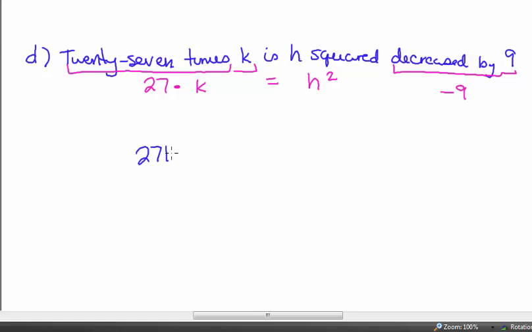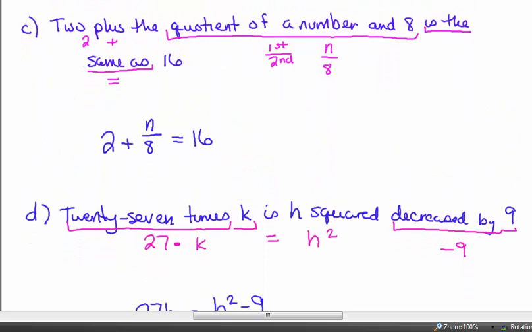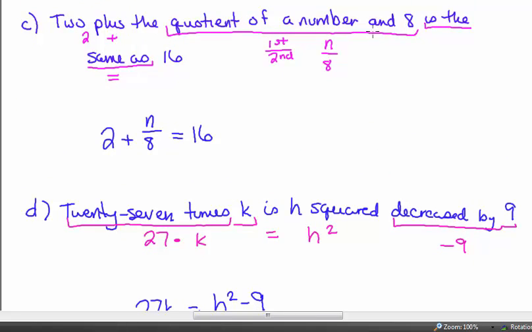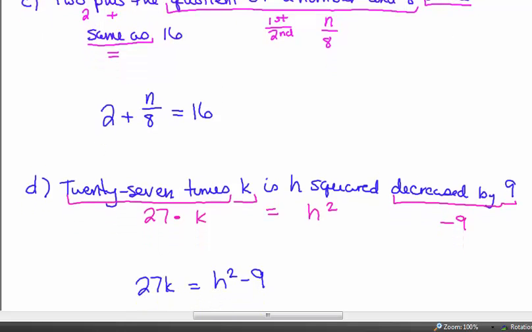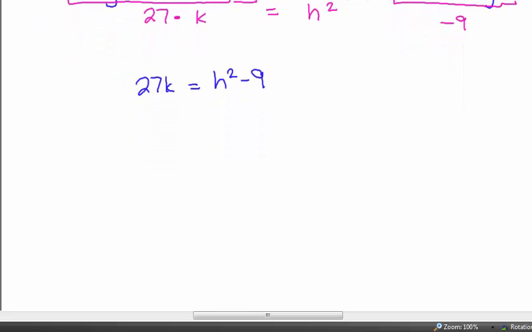So I have 27k is equal to h squared minus 9. So basically just go through and break it down just like I was doing here, where you write down right underneath or on the problem what the parts mean. That'll really help you to put together the equation. You need to make sure you understand what every word in the sentence is telling you.